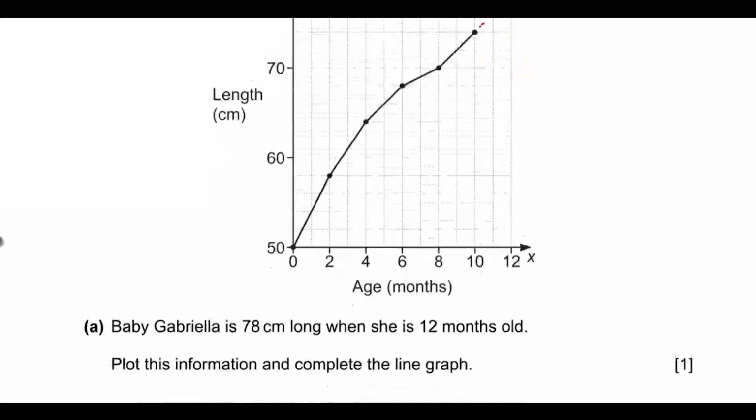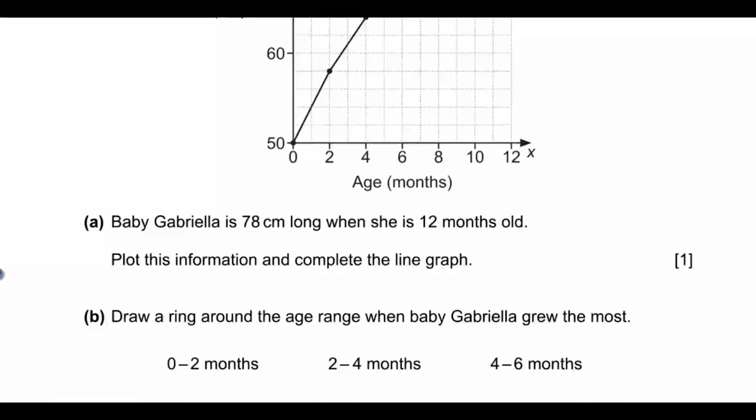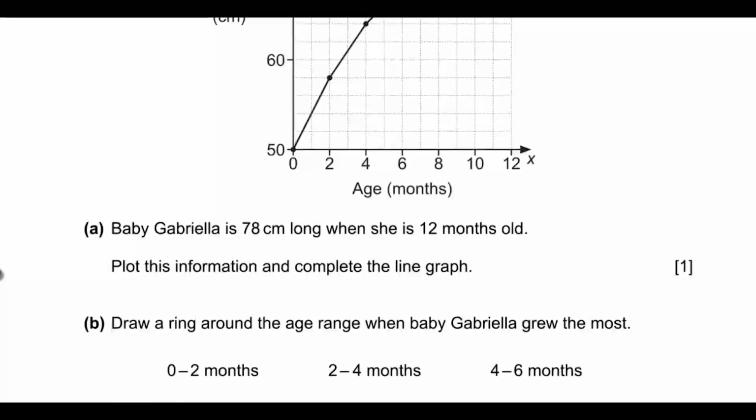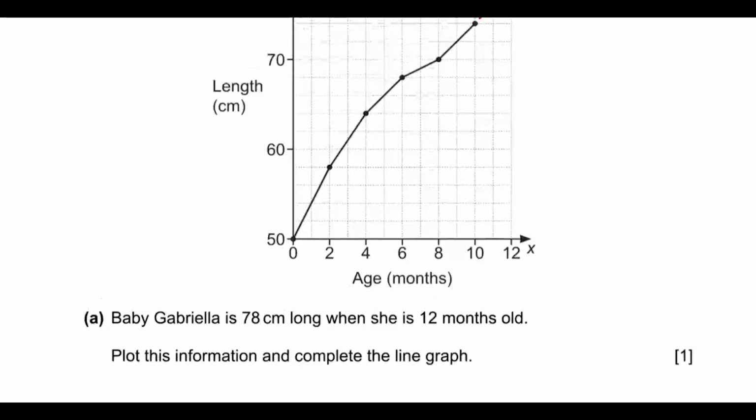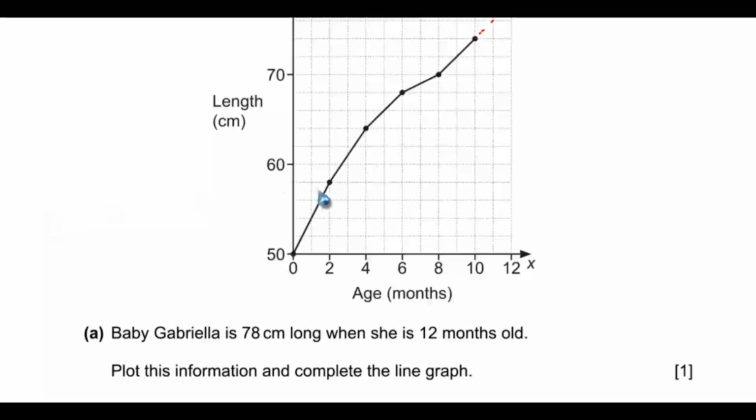Having done that, draw a ring around the age range when baby Gabriela grew the most. So which one has the longest part? If you look at this one here, it will be from 0 to 58.